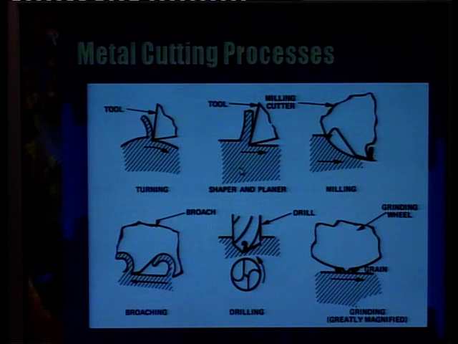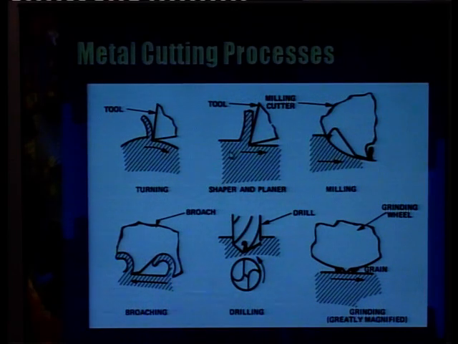The second type of metal cutting process that is normally used is the shaping process. The only difference between the turning process and the shaping process is that in turning the tool is held stationary and the workpiece is rotating. In this process the tool is moving and the workpiece is held stationary.